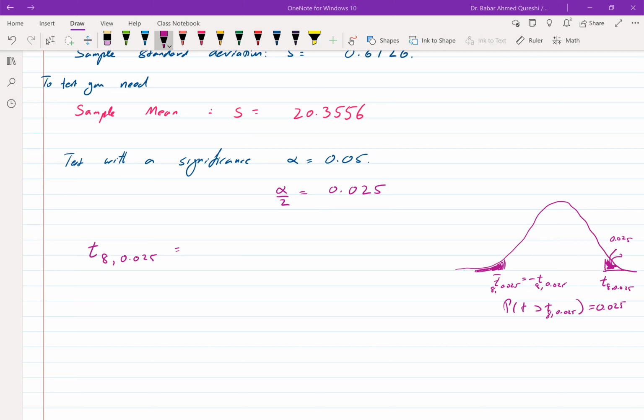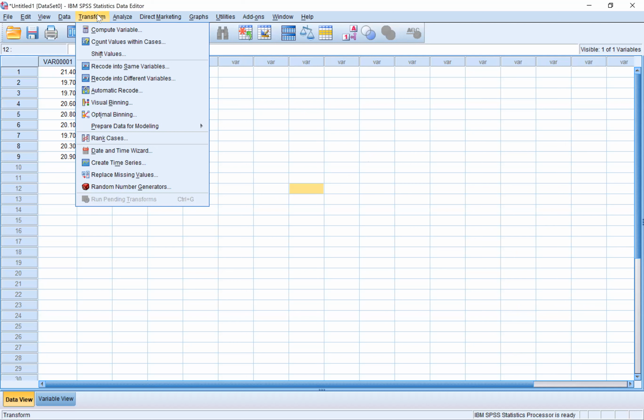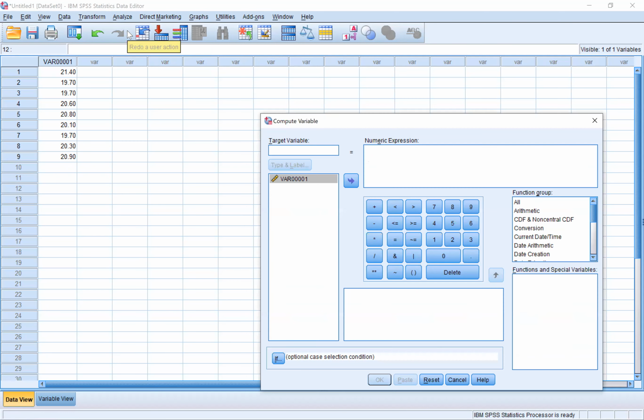I go to transform, compute variable. And since I'm computing a critical value, I have to go to inverse distribution functions.